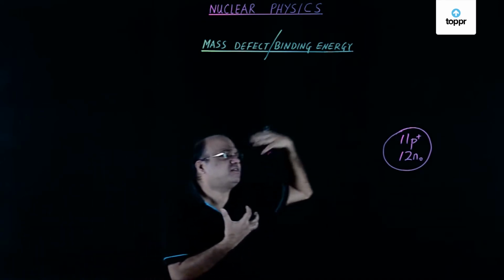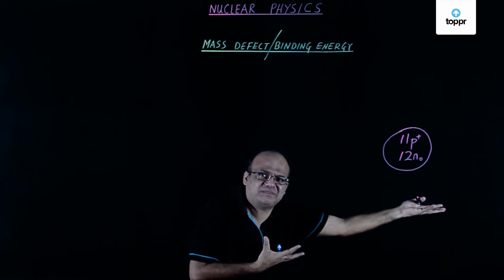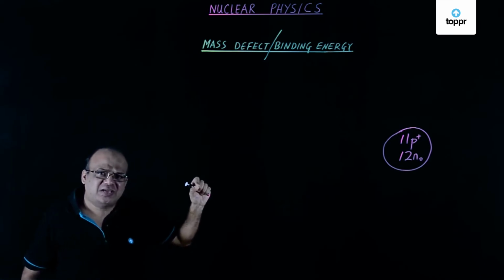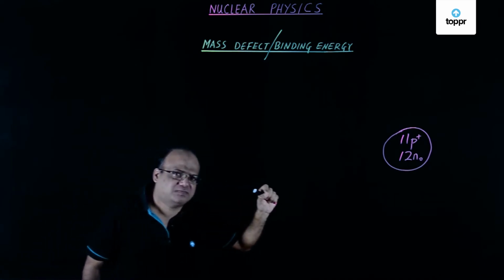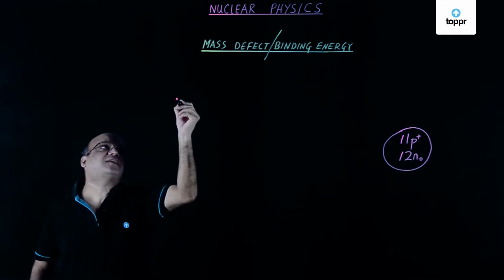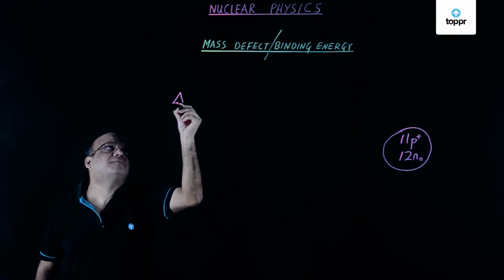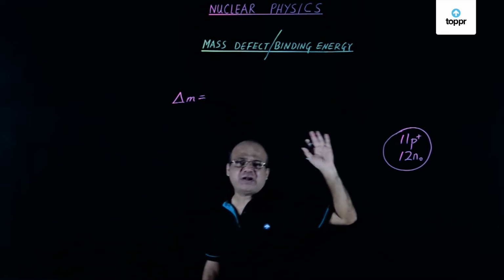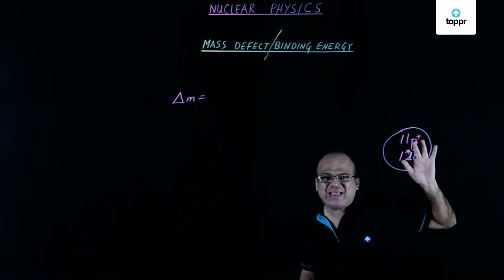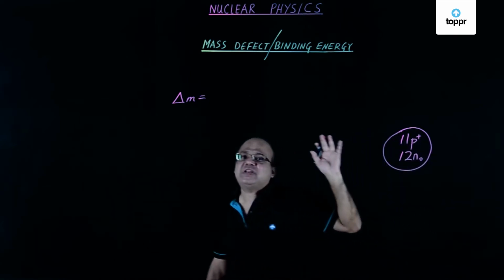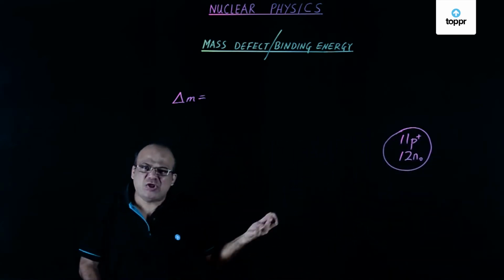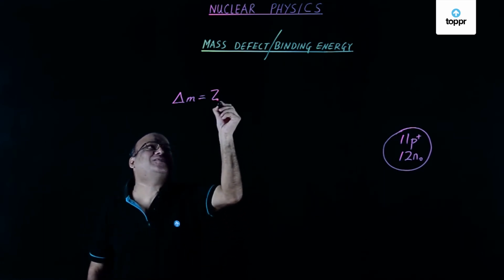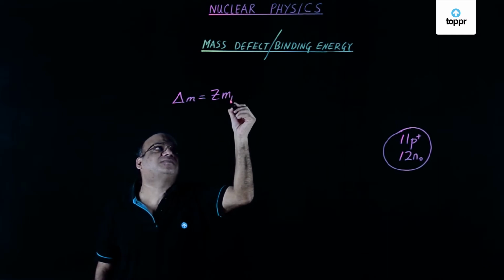Actually, some mass is lost in the formation of nucleus. This mass lost is called mass defect. Mass defect delta M is equal to mass of separated nucleons minus mass of stable nucleus. Any nucleus has got how many protons? Whatever is the atomic number, right? Z into mass of protons.